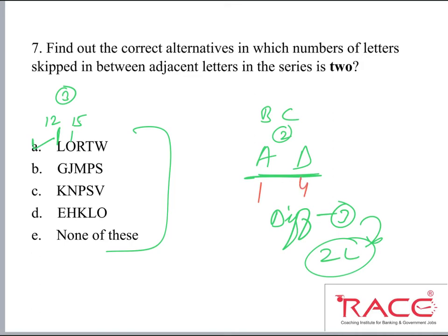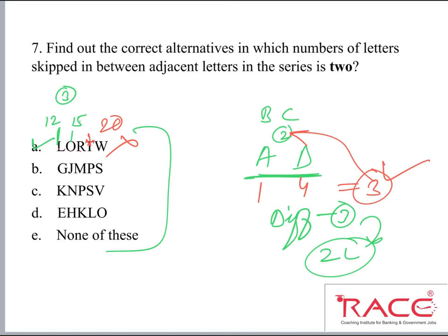The difference between these two values is 3, but the actual number of letters between them is 2. So in these options, we have to find where the difference between each adjacent letter is 3. Here L is 12, O is 15, the next should be 18, R is 18, the next should be 21. But what we have is T, that is 20. So this is not my answer.